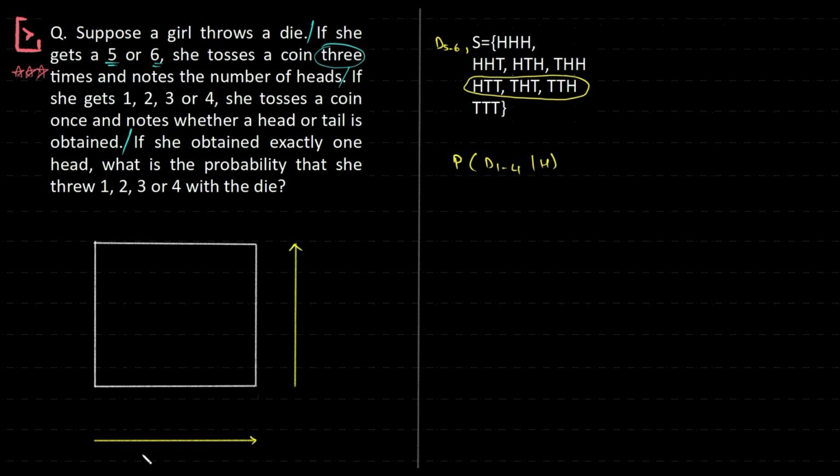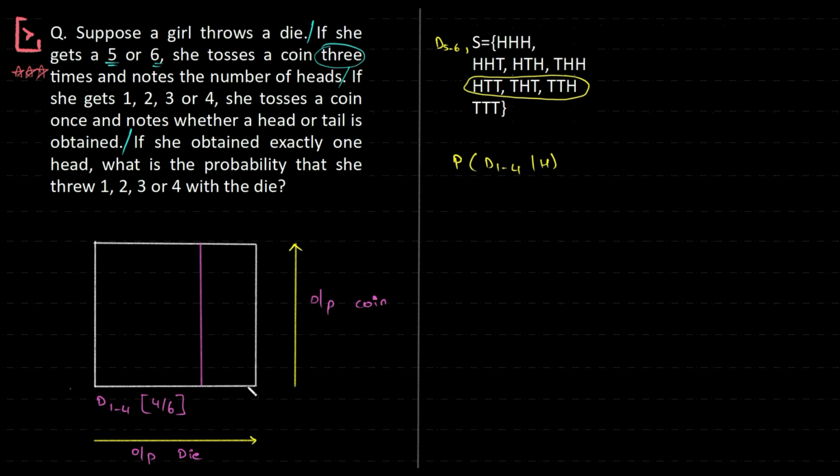Here the first thing is the output of a die, and here it is the output of the coin. Now, what are the chances that we get 1 to 4? Obviously, it is 4 by 6. Probability that we'll get 1 to 4 is 4 by 6.